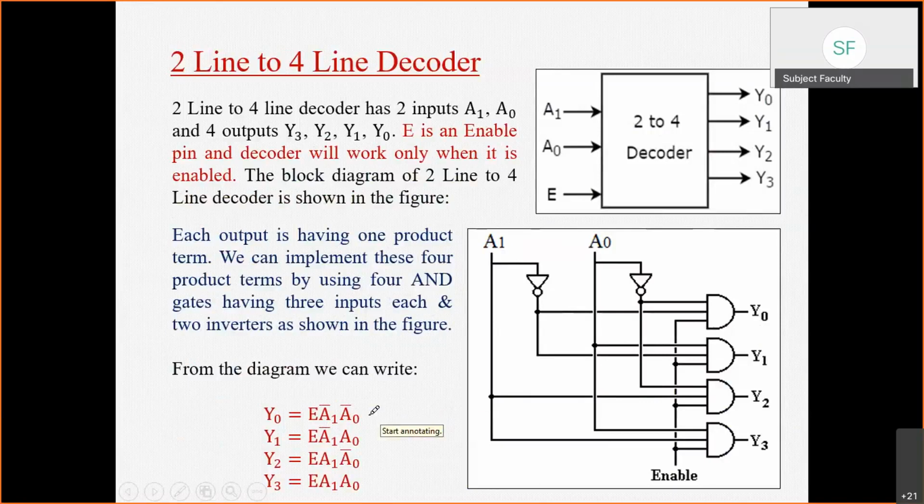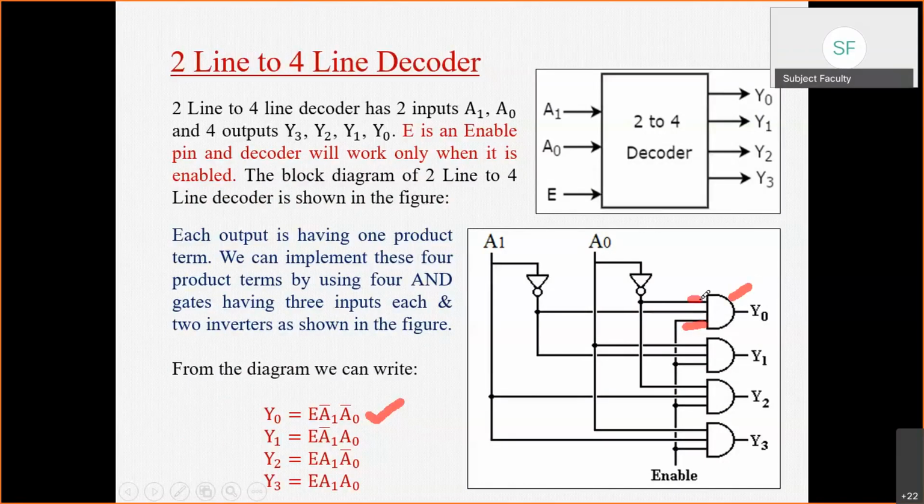Just observe Y0. Suppose this is your Y0. The output of this AND gate is nothing but Y0. This AND gate has 3 inputs: 1, 2 and 3. The third input is enable.